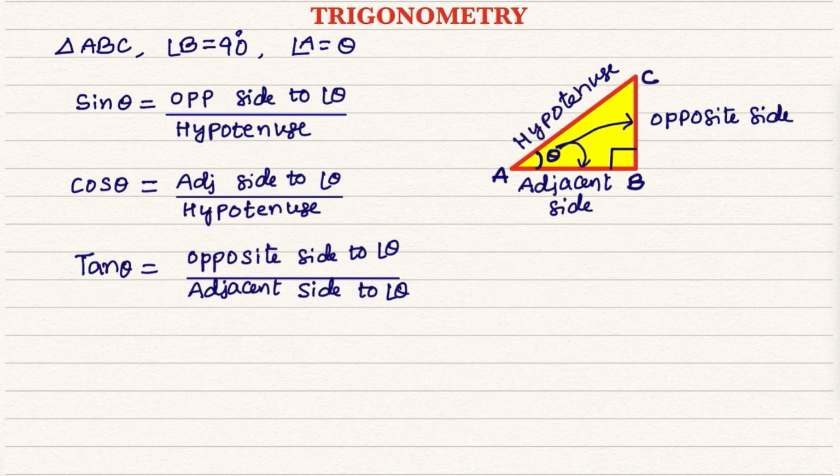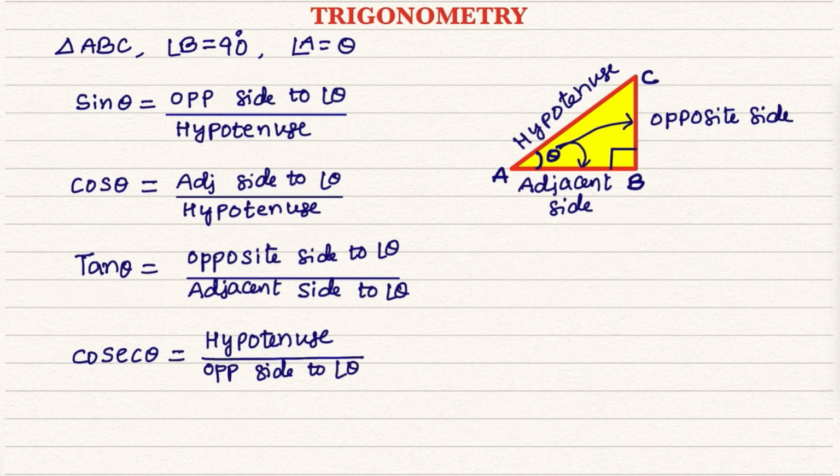So these are the first three ratios, and after that we have the next three ratios which are reciprocals of the first three. That is cosec theta, which is the reciprocal of sin theta. So cosec theta is hypotenuse by opposite side to angle theta. We have secant theta and cot theta also.